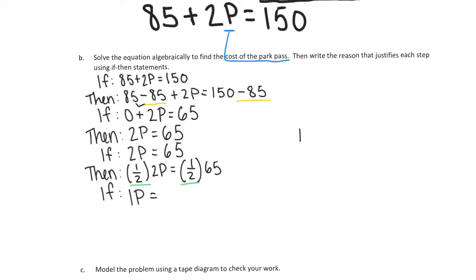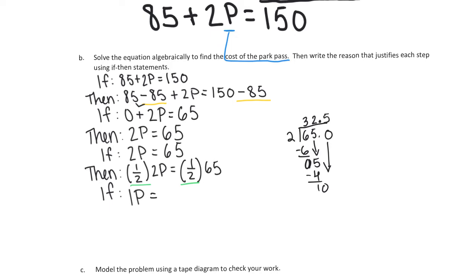When I have 65 over 2, I know that 2 goes into 6 3 times. And then I'm going to bring down my 5. How many times does 2 go into 5? Well, that's 2 times. Then I'm going to bring down a 0. And I have 2 goes into 10 5 times.